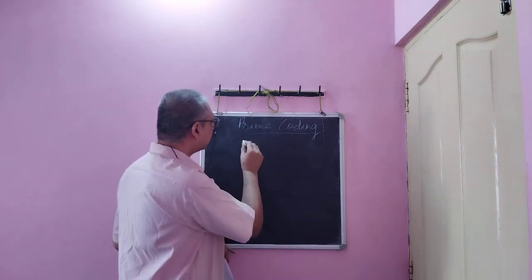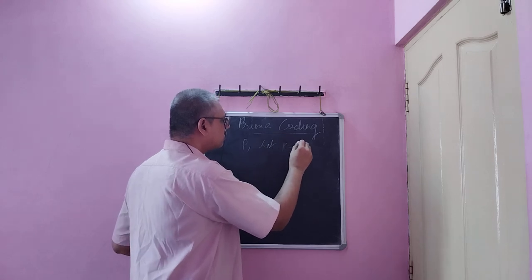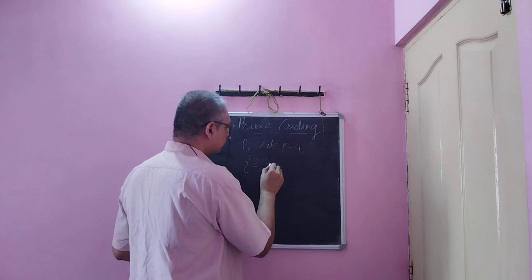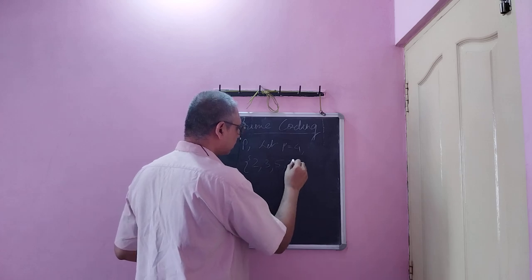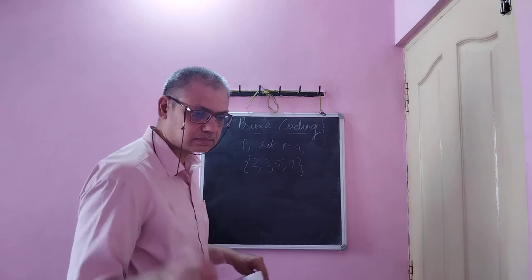Consider the first p prime numbers. I will take p equal to 4. So you will have the set 2, 3, 5 and 7 as the first prime numbers.